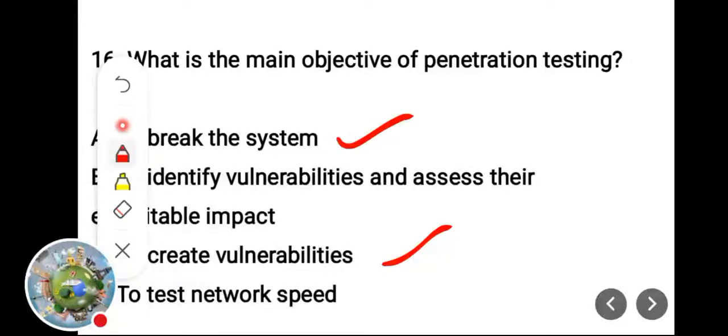A hacker would not test the network speed. If he tests the speed and it is low, it is easy for him to identify weaknesses in the system, but he can identify only certain vulnerabilities. But the main objective of penetration testing is to identify vulnerabilities and assess their impact.